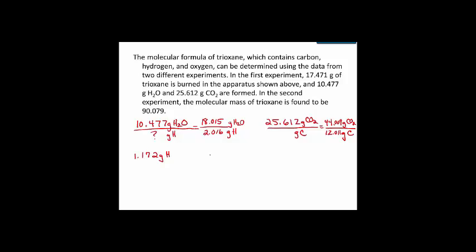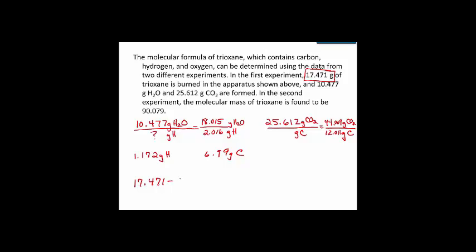So I get 6.99 grams of carbon. And then if we look at those two values, we see that they don't come close to that total. So it did tell us it had oxygen in it. So the remainder of our total mass there must be the oxygen.